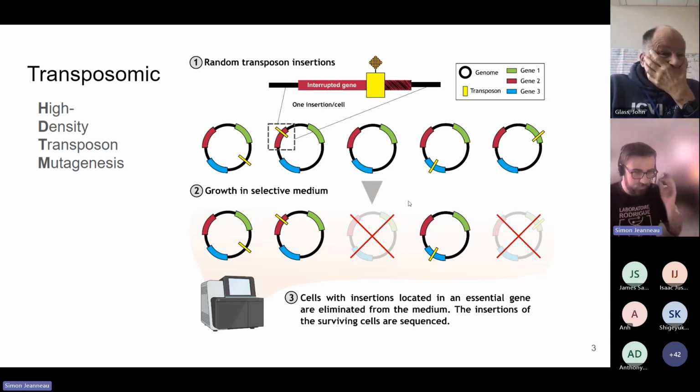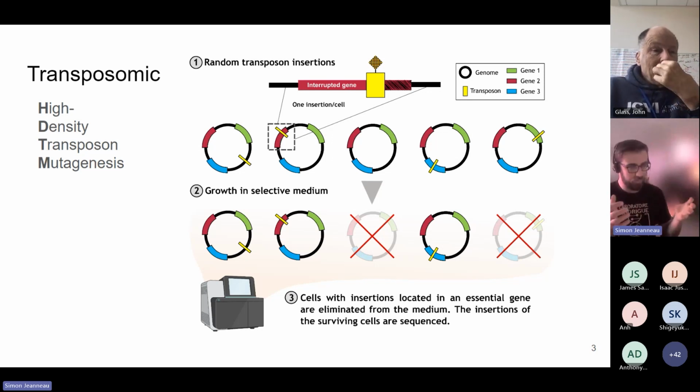Every cell that survives this growth with an insertion will be considered to be inserted in a gene that is not essential. So we sequence these insertions in the genome and can assess where insertions are allowed, so where the regions are not essential.